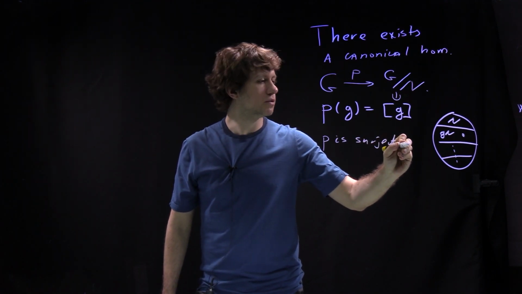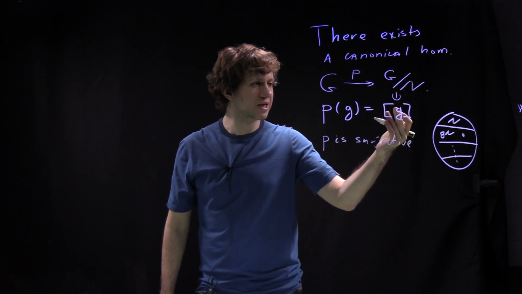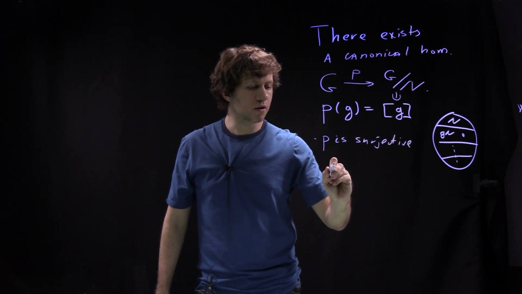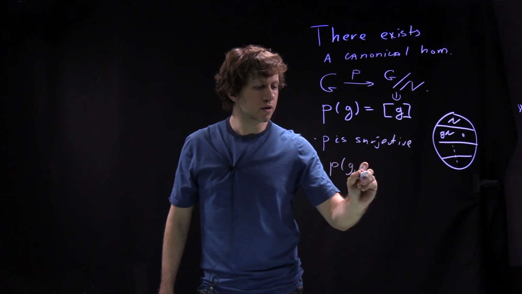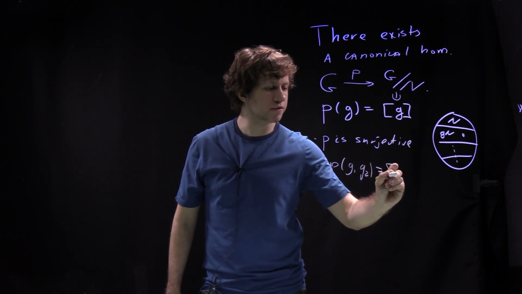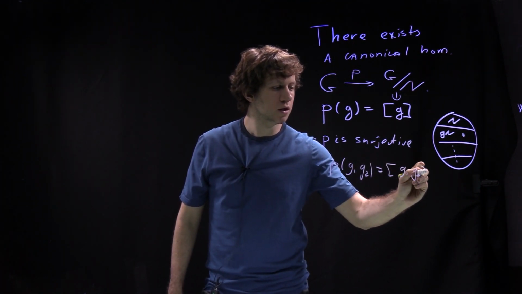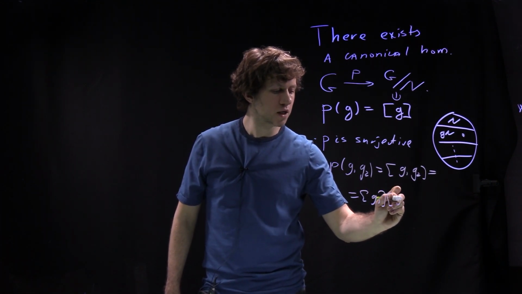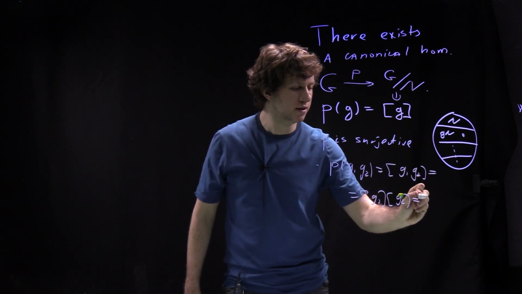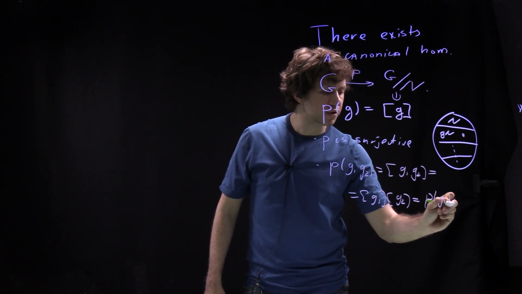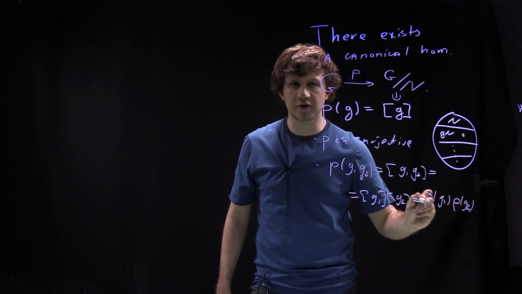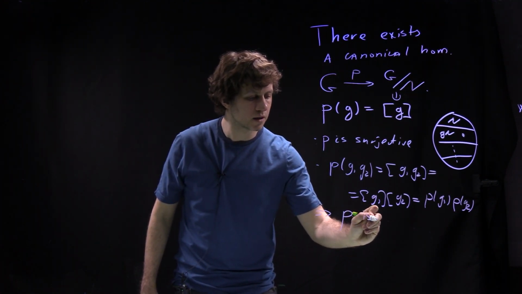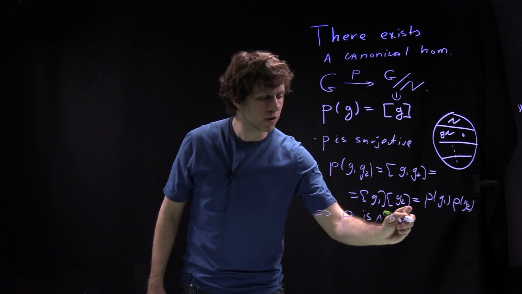That's trivial, just because every coset comes from some element. Also, P of G1 G2 is of course the class of G1 G2 by definition, but that's the same as the product of the classes of G1 and G2, which means that this is P of G1 times P of G2. And miraculously, actually not very miraculously, we got that P is a homomorphism.